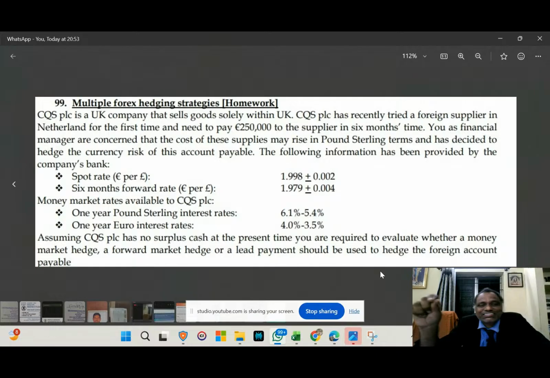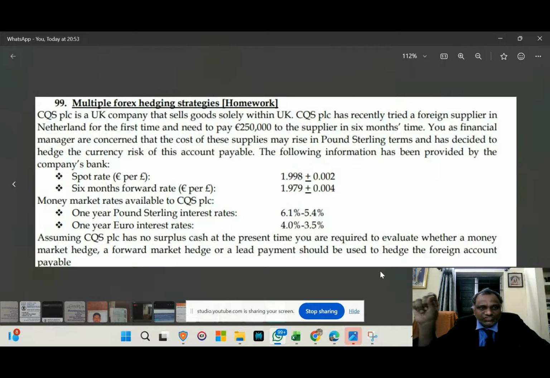CQS PLC is a UK company that sells goods solely within the UK. CQS PLC has recently tried a foreign supplier in Netherlands for the first time and needs to pay €250,000 to the supplier in 6 months' time.